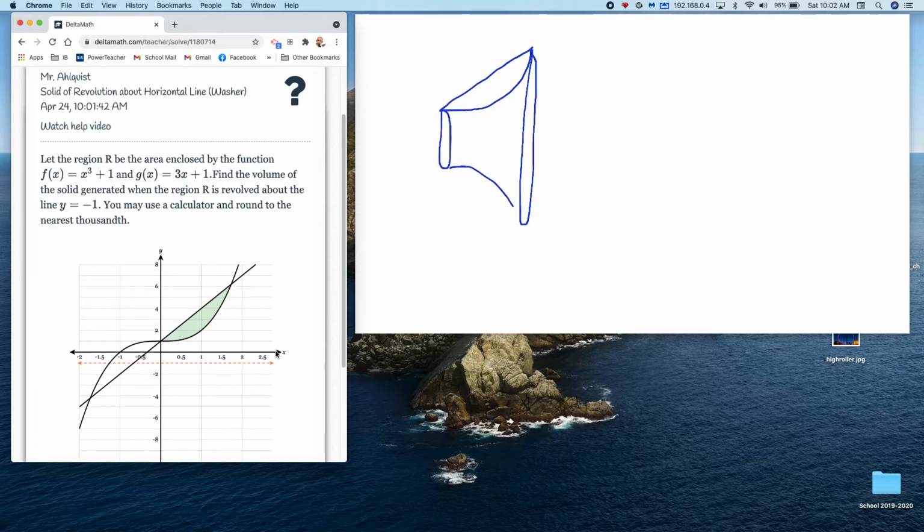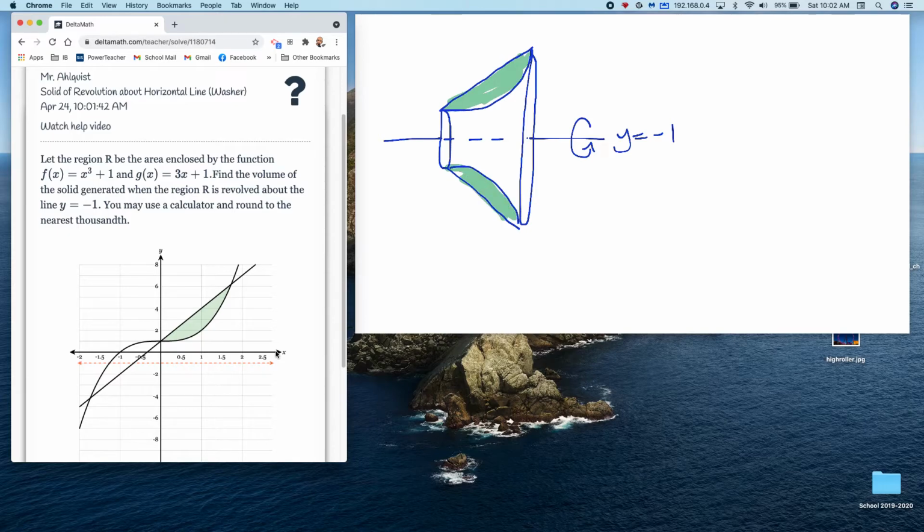This graph kind of comes out like this, and pretend those are sort of symmetrical, but that's the idea that it would be. And this line right here that's going down here, that's the line y equals -1. So when we spin this thing around this rotation, we get this, the green shaded area is this green shaded area and this green shaded area.